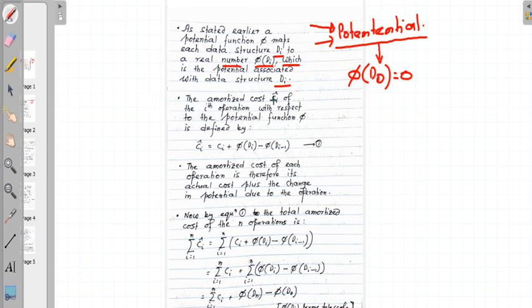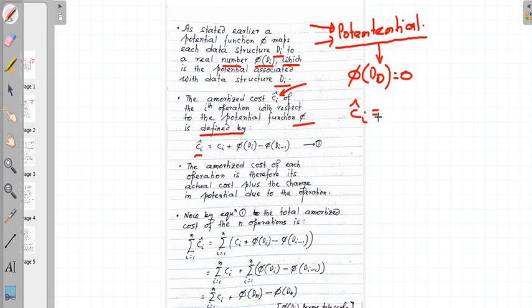The amortized cost of the ith operation, denoted by Ci cap, with respect to the potential function phi is defined as follows.